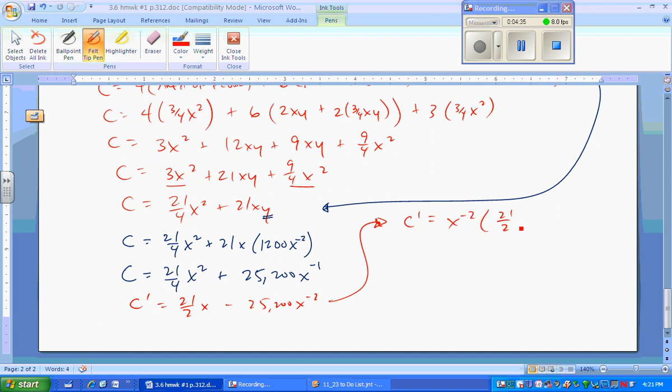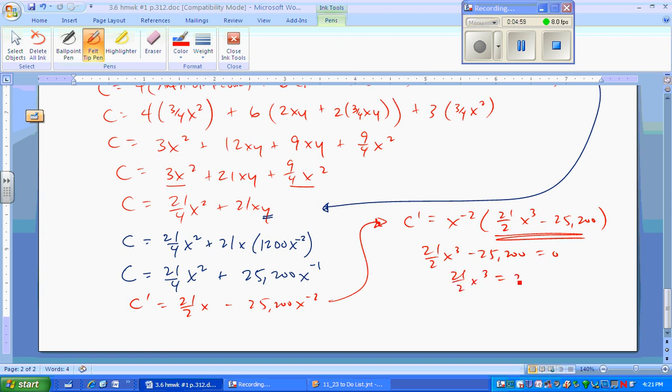We get 21/2 times x cubed minus 25,200. So not going to work if the denominator is equal to 0. But we can set this equal to 0 to find a critical value.